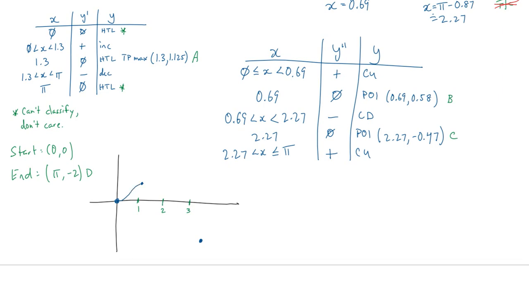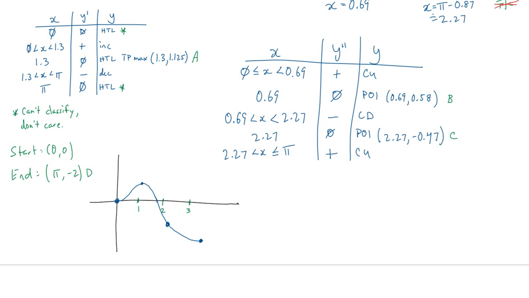Okay, I've got an x-intercept in here, obviously, somewhere. I'm concave down, somewhere around 2.27, so somewhere around here. I change to concave up. Let me try that again. And then I have another horizontal tangent line there. So I've got my point B here.